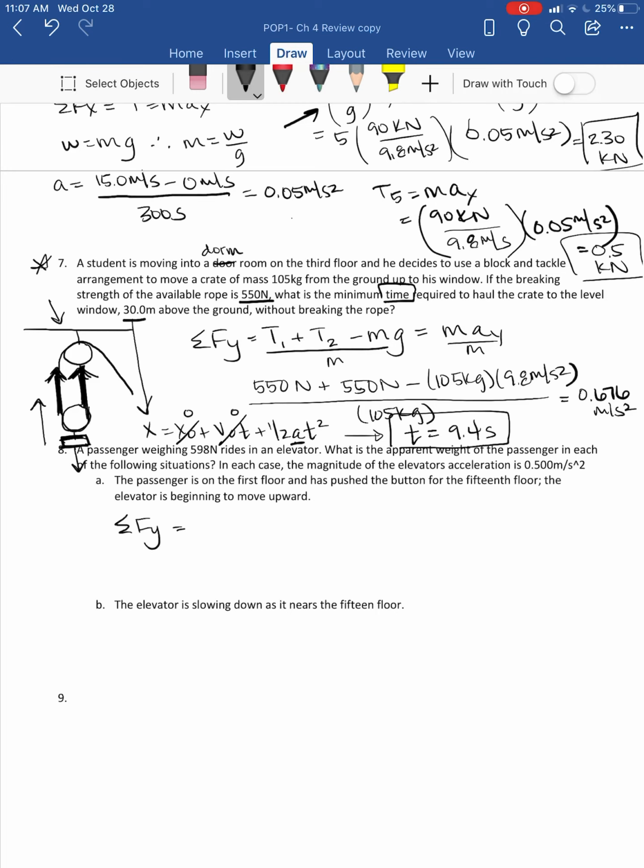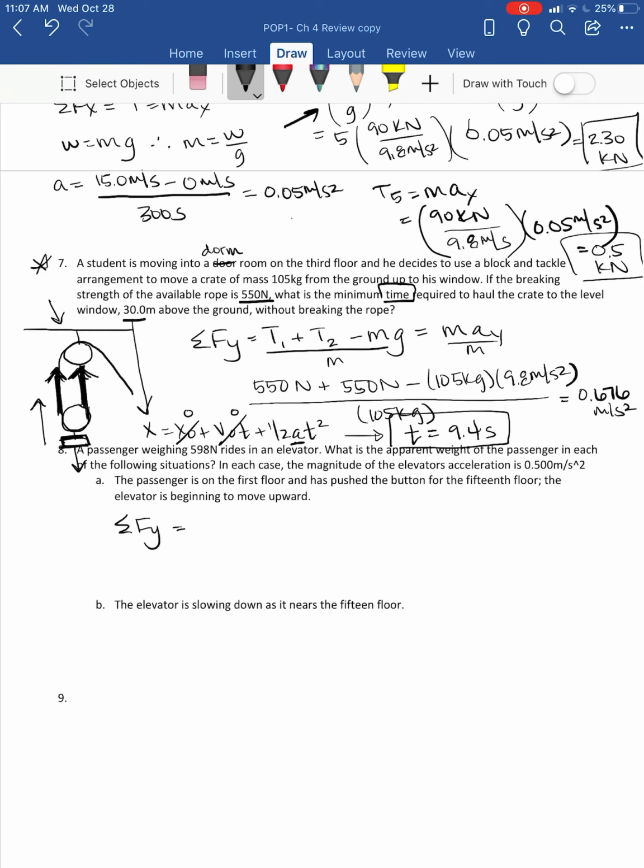So we've got this person that's weighing 598 newtons in an elevator. And, you know, it would be really cool to take a bathroom scale into an elevator and actually see this happening. But it wants to know basically what the normal force is on that person.